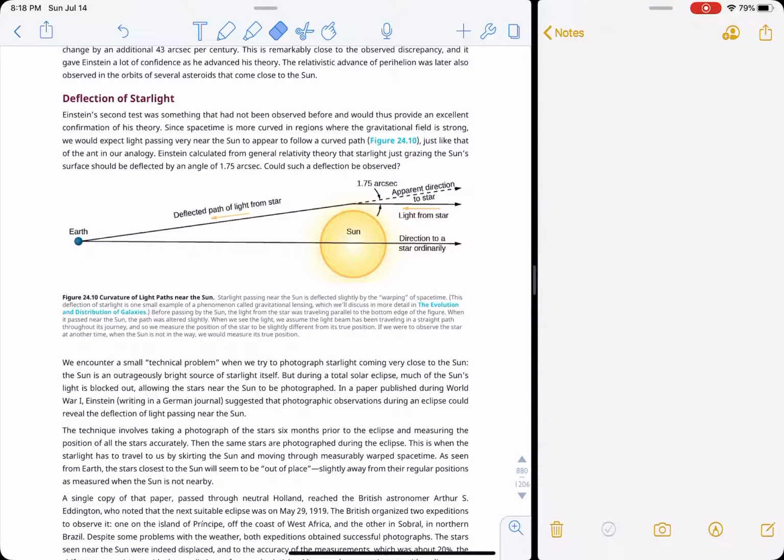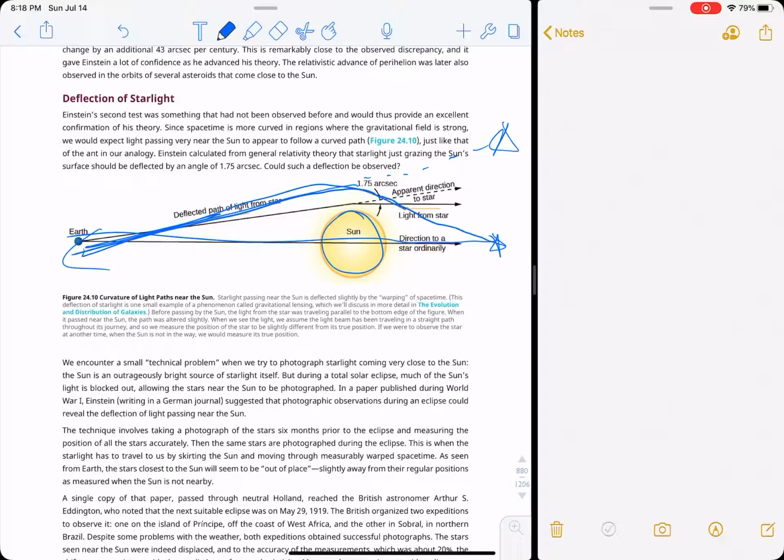It's about how Einstein says, okay, if the sun is here, then it's going to warp the space around it. So if there's a star right here, then the light from that star, instead of going through the sun, is going to leave the star and then get bent towards Earth. And then it'll make the star appear like it's coming from over there, because the light ray from our perspective is coming from here.